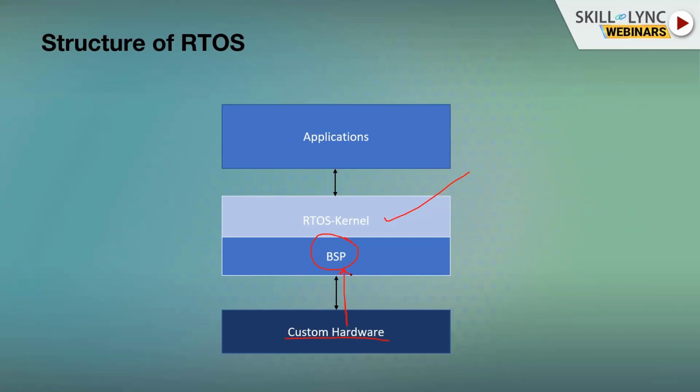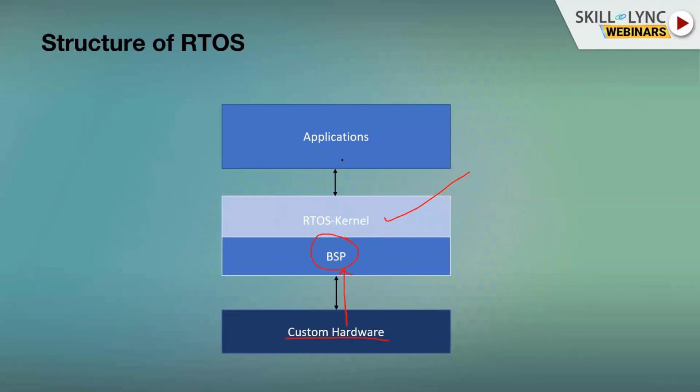If I'm going to use ST Microelectronics, I need to bring in only the board support package for ST Microelectronics. If I'm going to work with an NXP processor, then I have to port only NXP's board support package. So you should identify which microcontroller you are going to work with, and those board support packages are put into this RTOS kernel, and then this RTOS kernel is going to run.